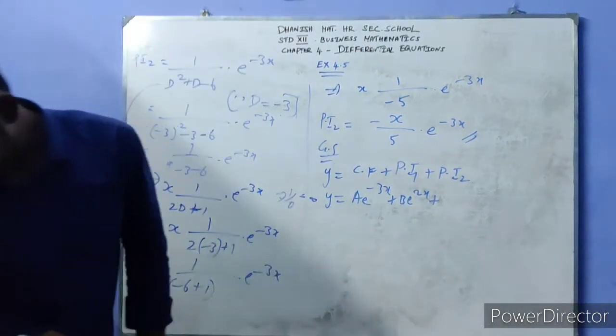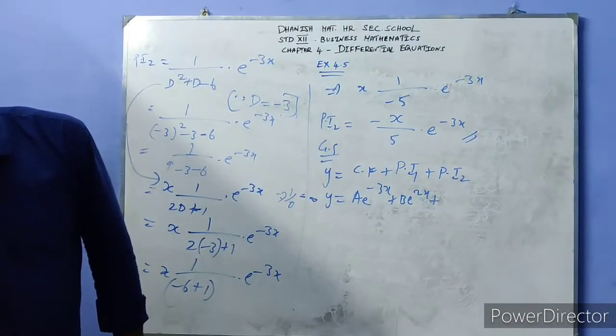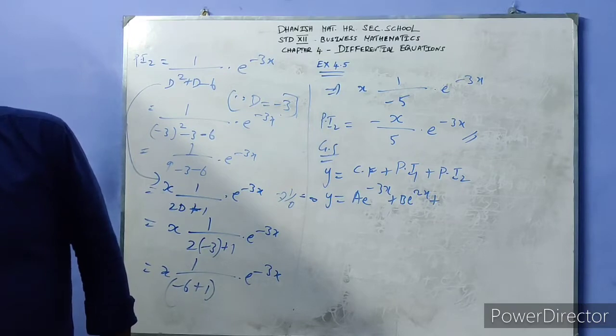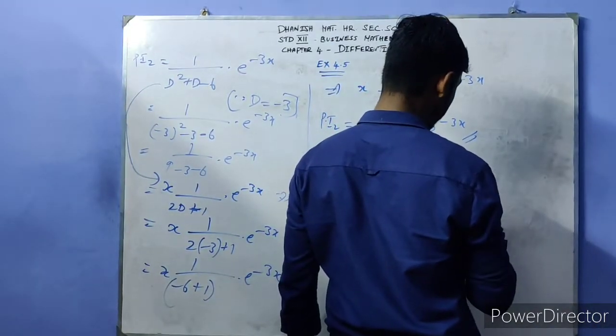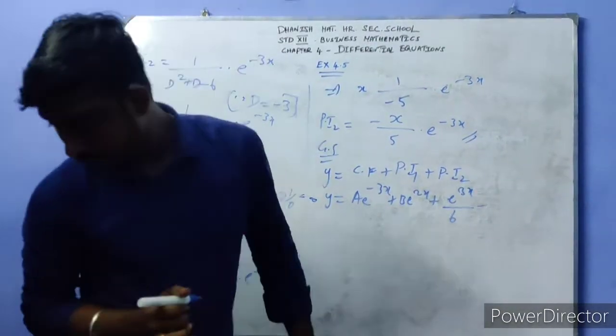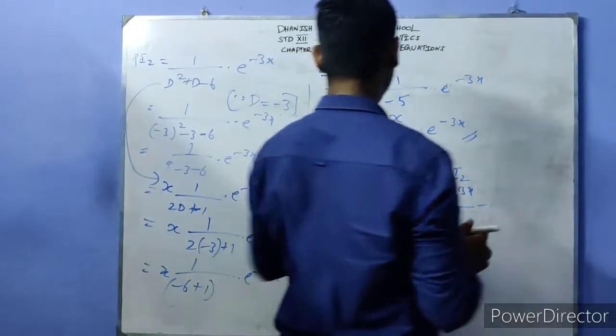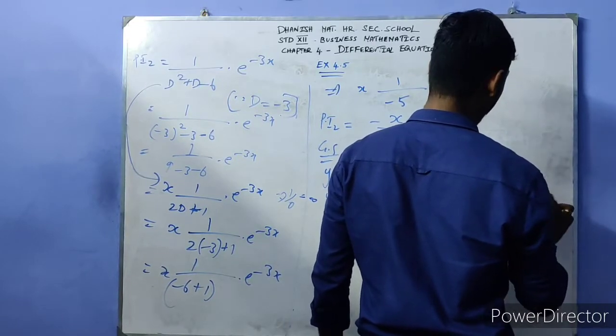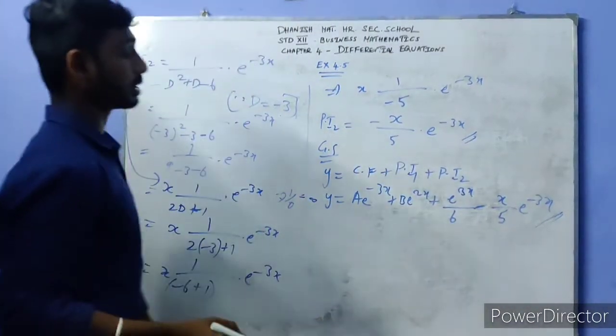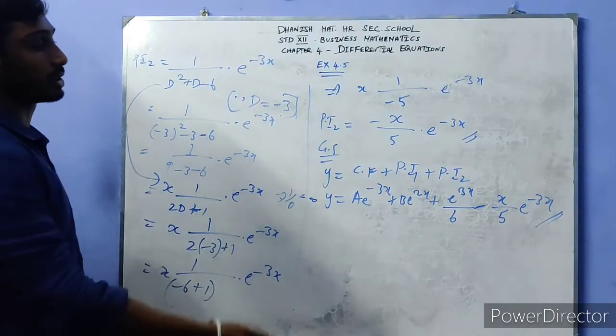That is e power of 3x divided by 6, minus, what is the PI2 value? That is x divided by 5 e power of minus 3x. This is the general solution for this sum.